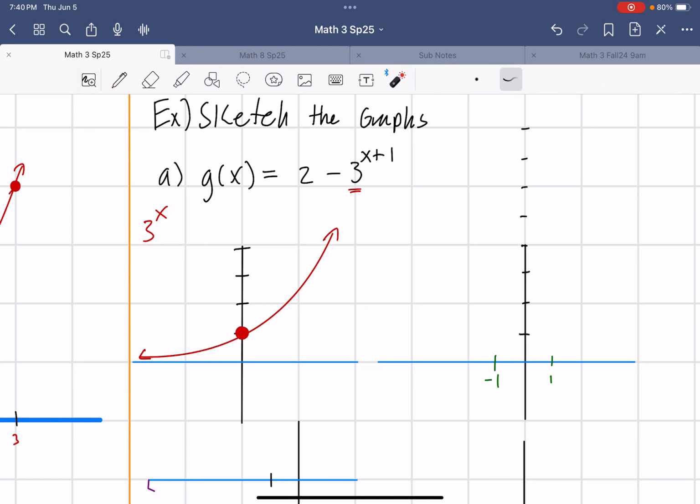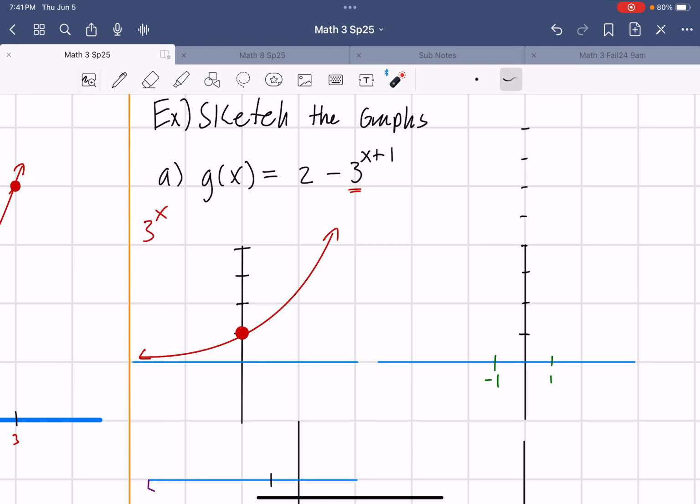Now, before, the quote-unquote inside either happened inside of a square root, inside of a parentheses, or inside the absolute value. For an exponential function, inside is the exponent. So this +1 actually does the opposite of what you think. You think you're adding 1, meaning you're shifting the graph to the right, but it doesn't.